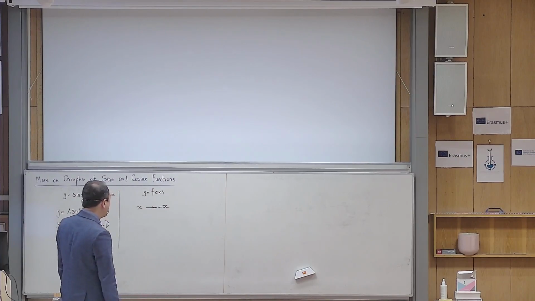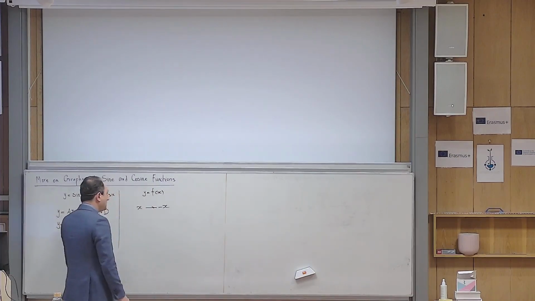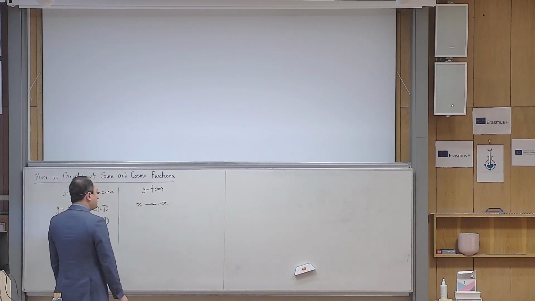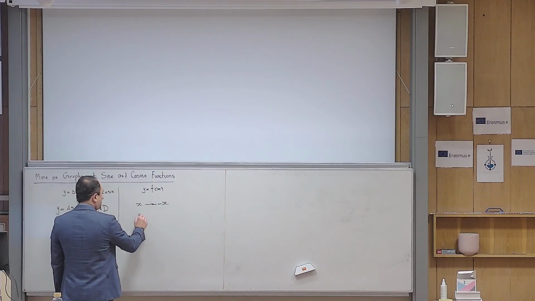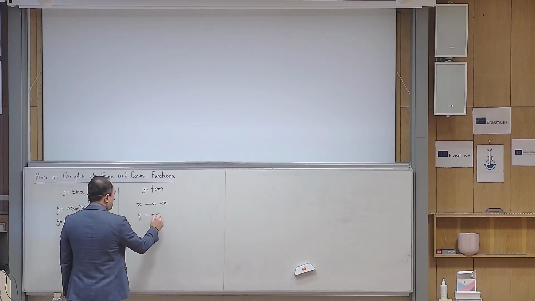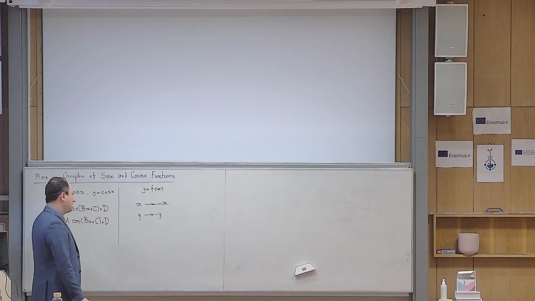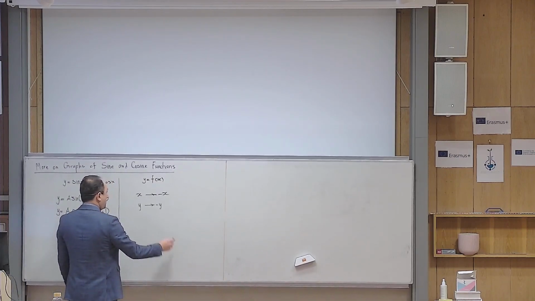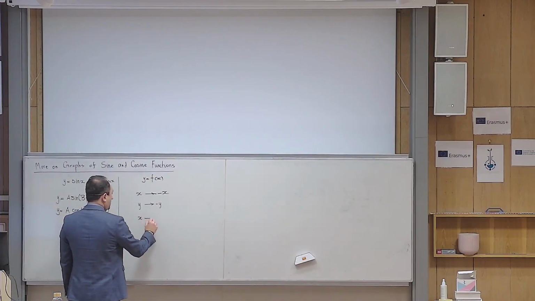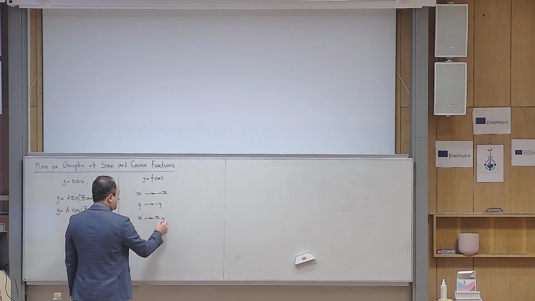Of course, I will ask your intuition about that as well. So one transformation is changing x to minus x. Another transformation is asking the same question for y. What happens if I change y to minus y? Another question that I can ask is what happens if I change x to x plus a constant?